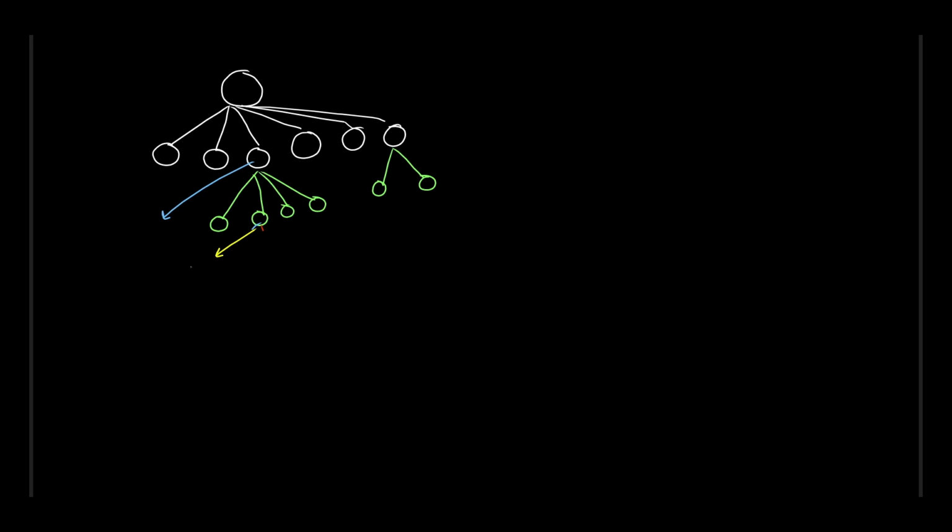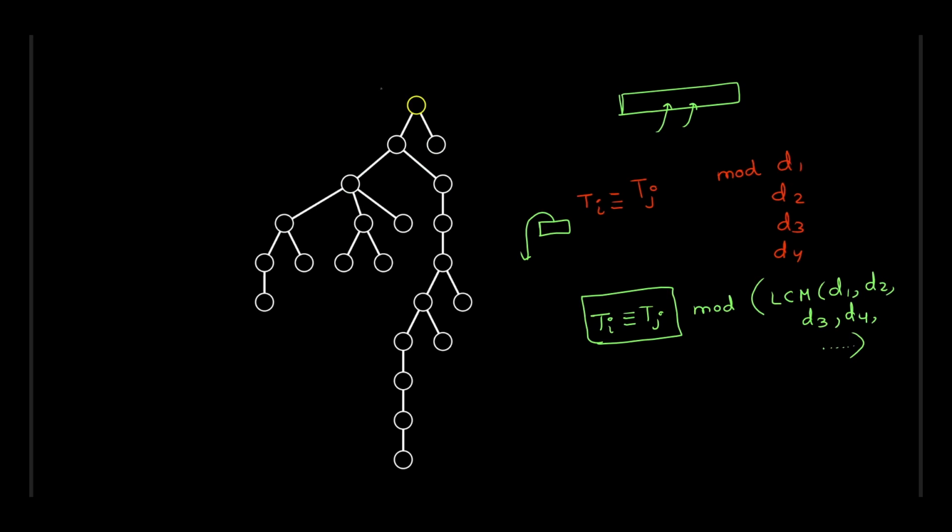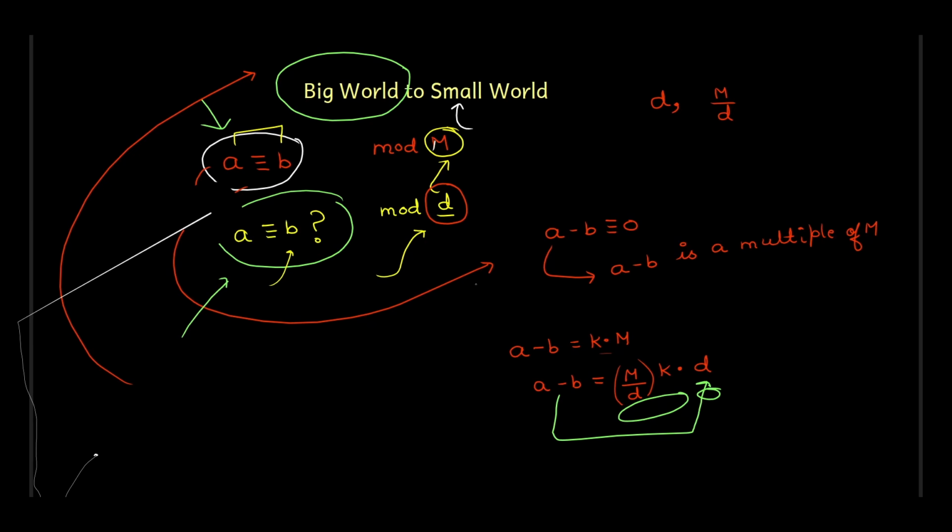So if all the elements in the bucket are equal in the world of 12, then if you have several children, let's say 2 children, or let's say you have 4 children for this, then this time you can actually transfer this bucket simply down to the child that it goes to. Because if all the elements are equal in the world of 12, remember that we had discussed that you can go from a big world to a small world, right?